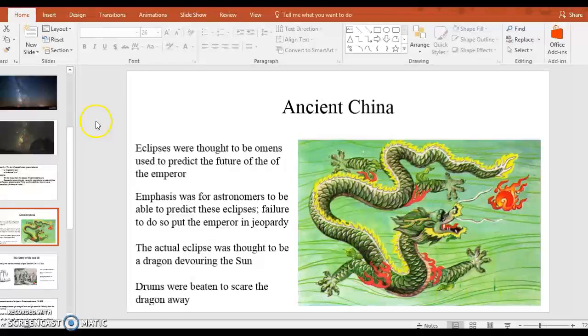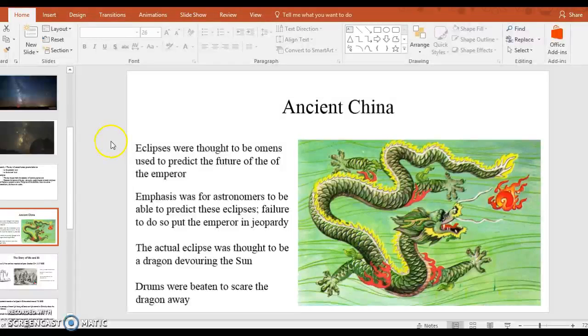Now, eclipses are far more difficult to predict than things like when planets are going to appear. And so, because these events were so chaotic, they were not able to be predicted very precisely in the ancient world. A lot of people attached very significant religious or cultural significance to these.